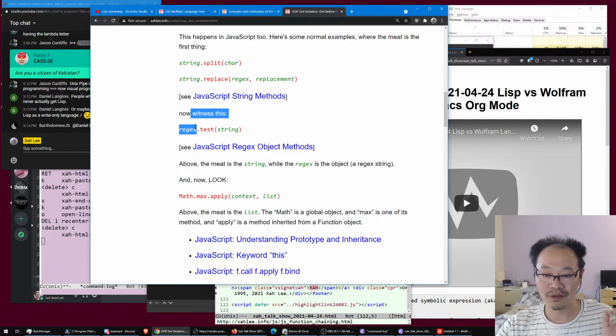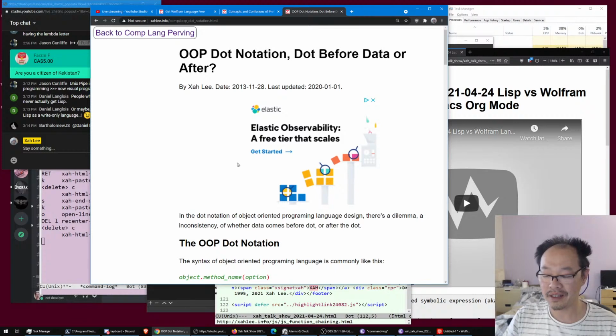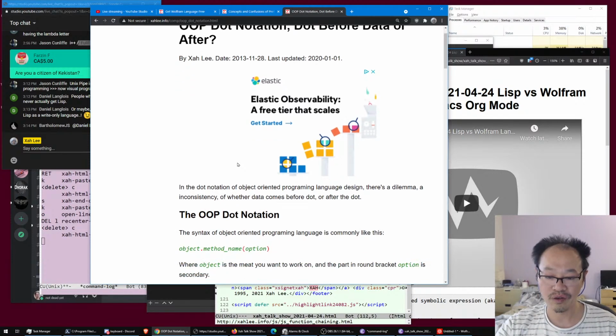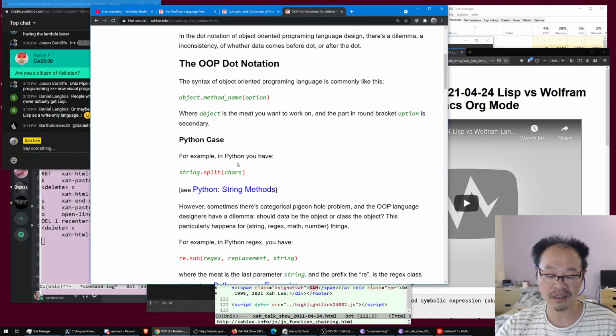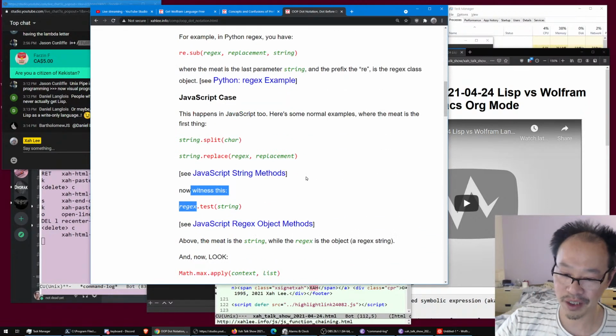So this is a design issue. This is a dilemma among two different design choices that's very common in object-oriented languages. If you are a designer of an OOP language, what are you gonna do? How do you avoid this inconsistency? In fact, it's a problem. There's no way to avoid it.